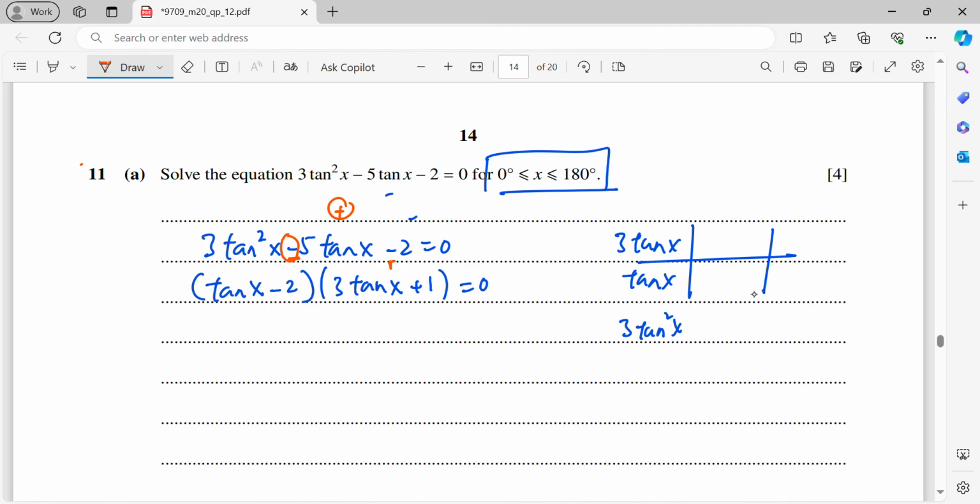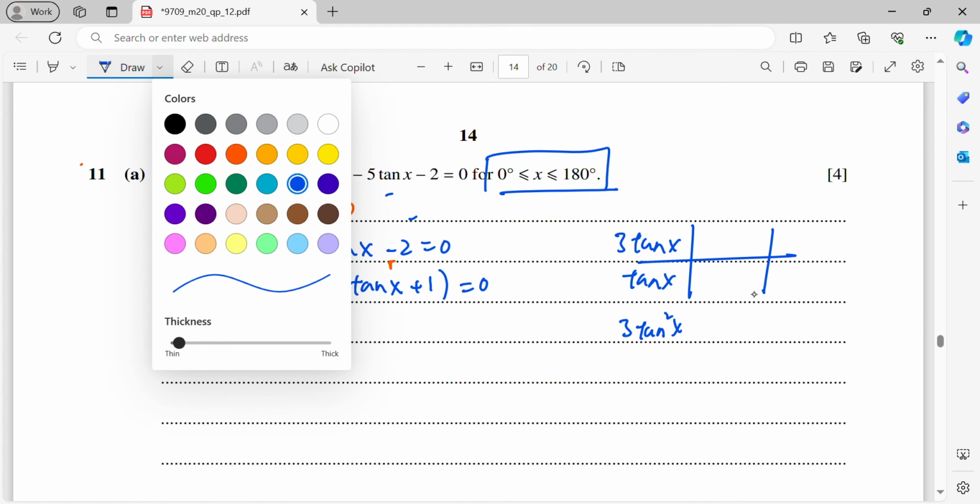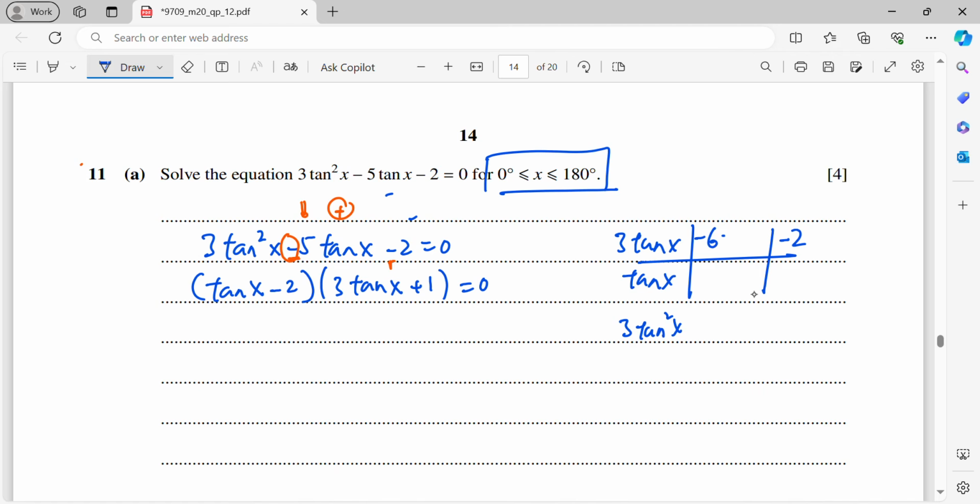Therefore, I need different signs. By looking at this 5, I need to get a bigger negative value, so it will be negative 2 here, so that I get negative 6 tan x, and this is plus 1, so here will be plus tan x. When you add up the middle column, that is minus 5 tan x. The last one will be minus 2.